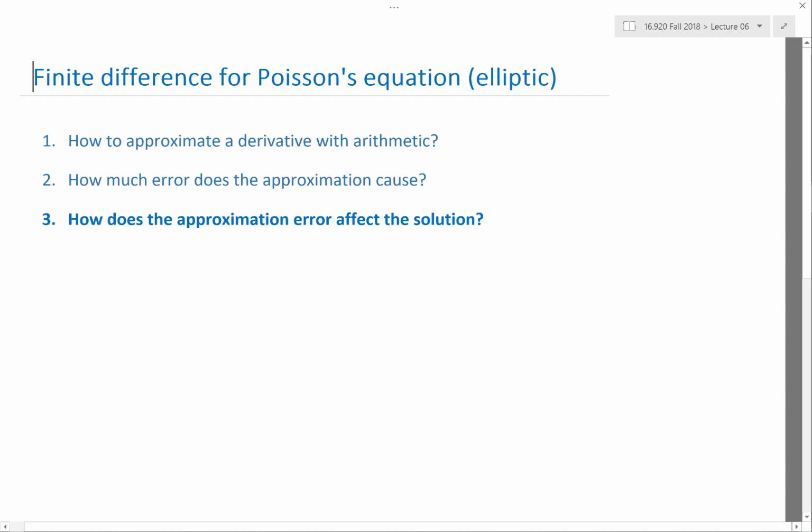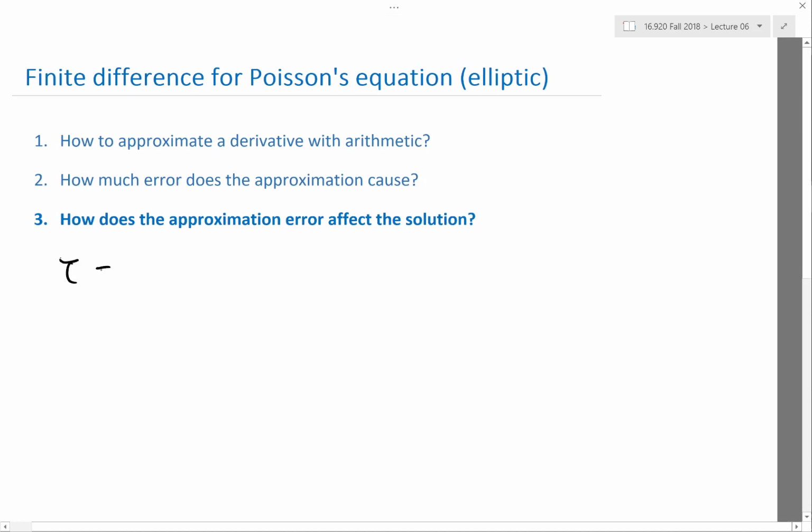Essentially, if you look at how much error I am causing, again, tau, the approximation error, would be equal to the difference between our finite difference approximation, delta x squared, u of i plus 1 j, plus u of i minus 1 j minus 2 uij. That's our approximation to the second order x derivative.